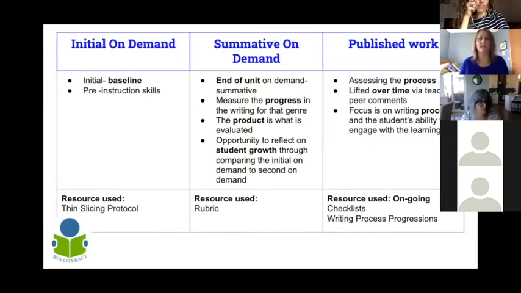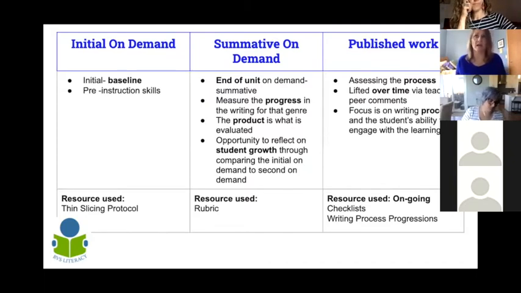I'm going to take some specific criteria that I'm going to think about in advance. So if I'm doing narrative, for example, maybe I'm looking for just the basic beginning, middle, end structure. Maybe I'm going to look at some strategies that I know they did the year before to further their story, like the use of dialogue or descriptive detail.